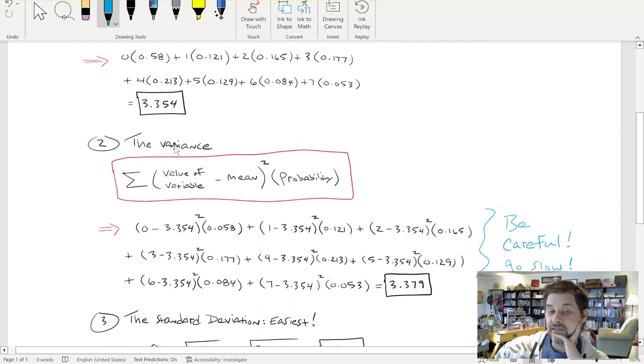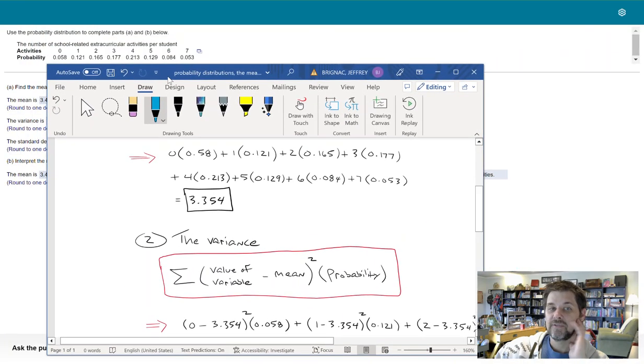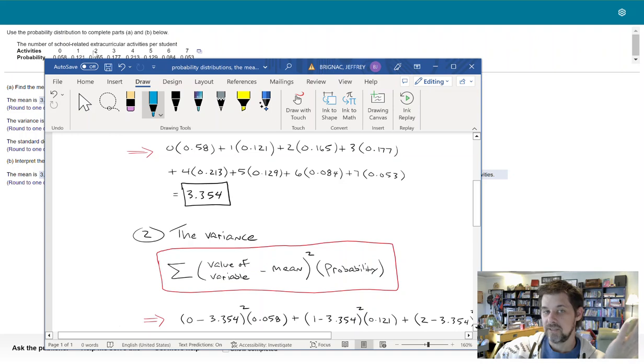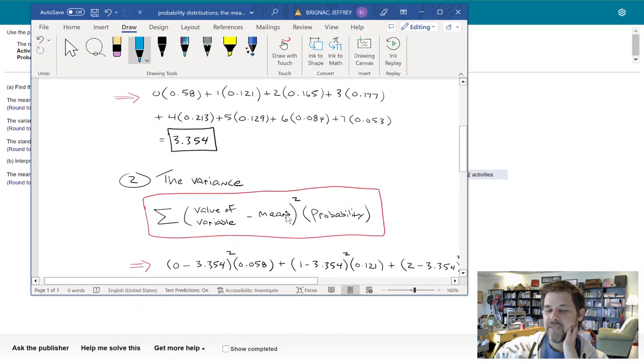To find the variance, we take the value of the variable, where once again the values the variable takes are 0, 1, 2, 3, and so on. We subtract the mean, we square, and then we multiply by the probability of that value.